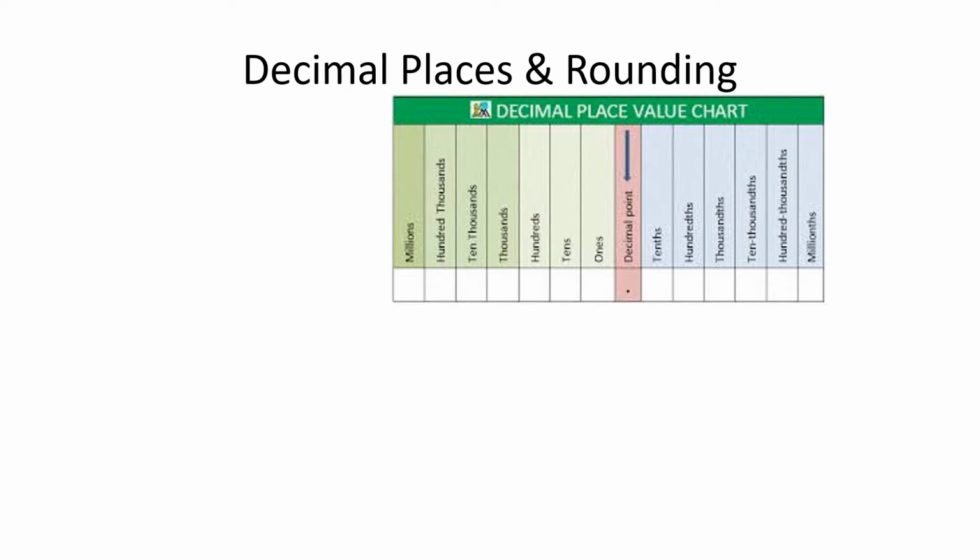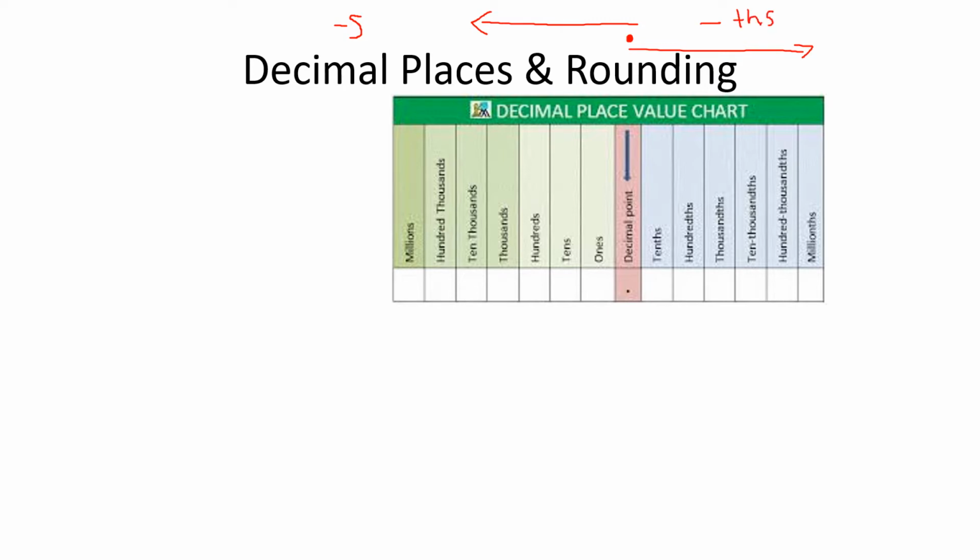All right, decimal places. After the decimal place, it's going to be less than 1, right? Anything on this side of the decimal place is going to be greater than 1, so it's going to end with an S. So we've got the ones, tens, hundreds, thousands, 10,000s, etc. Anything on this side of the decimal place is going to end in THS.